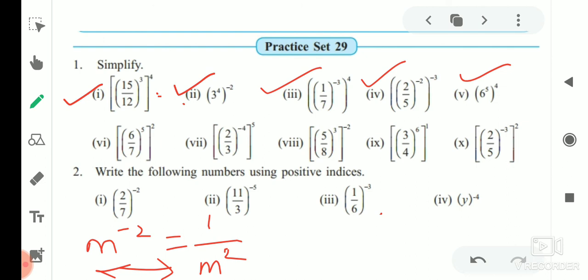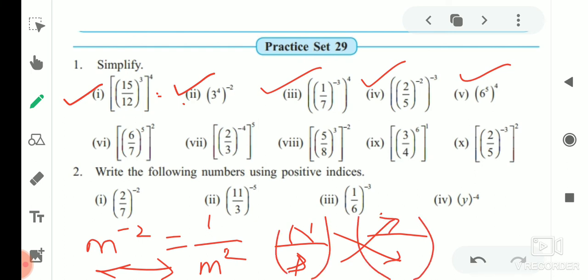The numerator goes into the denominator and the denominator goes into the numerator, and the negative power will become a positive power. So in this way try to solve this.